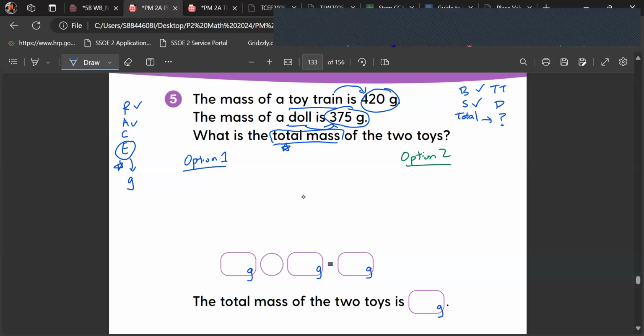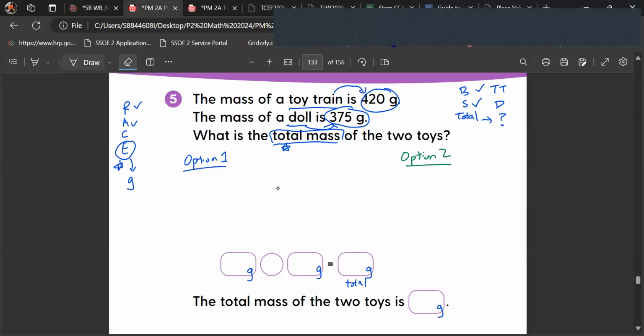Okay, so option number one, because this is a part-whole question, I need to find the total. So I can draw a model that is a part-whole model, which I have a long part. The long part is the toy train, and then I have a short part. The short part is the doll.